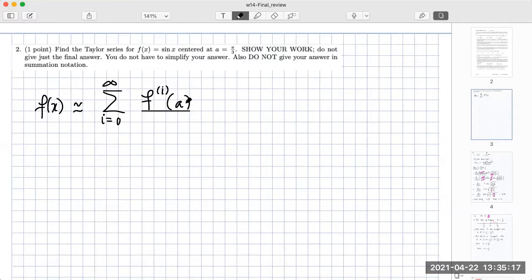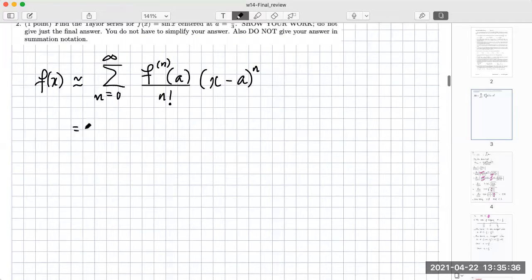Yes. Let us write it using the n notation. It will be n factorial times what? Yes, x minus a to the n.